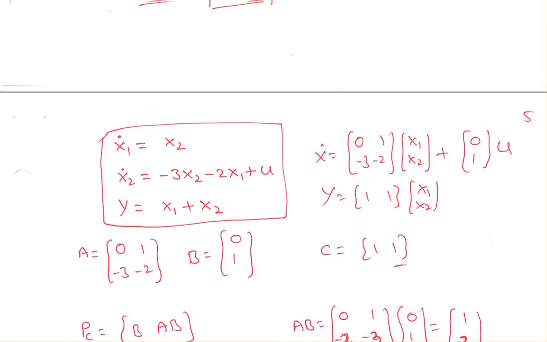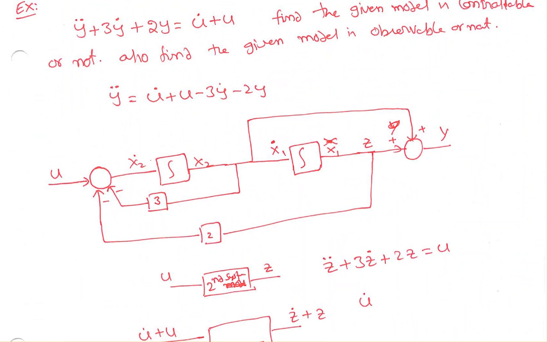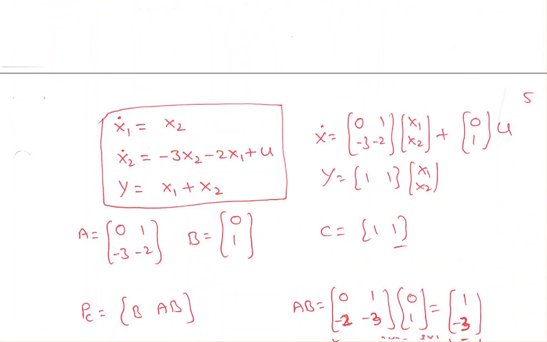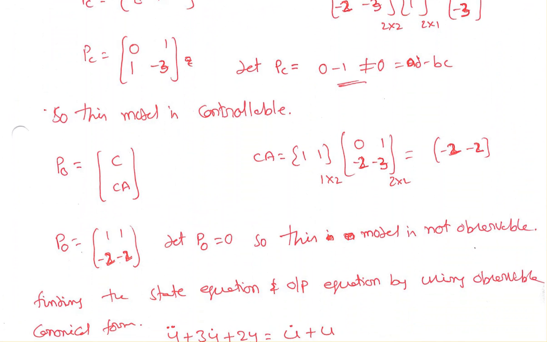One important point: whenever you solve a system or mathematical equation by using the controllable canonical form, that model is definitely going to be controllable. That's what I wanted to prove here. Now P naught, the observability. So we're going to do the observability.